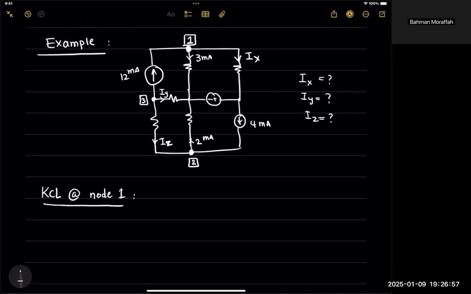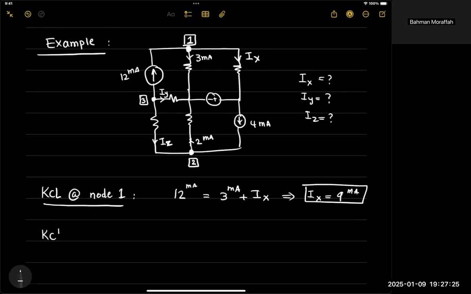I know whatever current that's going in should be the exact same as the current that's going out. So I have this 12 milliamps going in, and I have the 3 milliamps and I of X going out. Therefore, I of X is 9 milliamps.